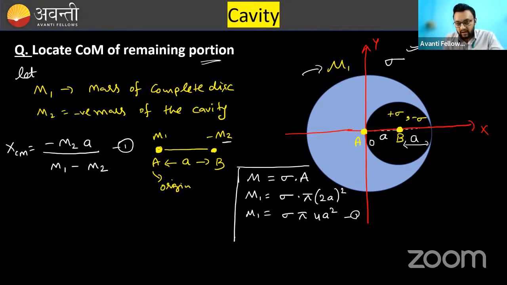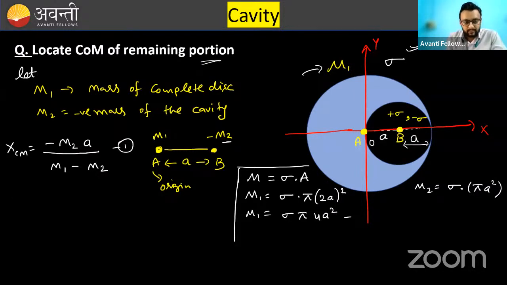Now the mass of the smaller black disk is M2, which is sigma into area, pi a square.